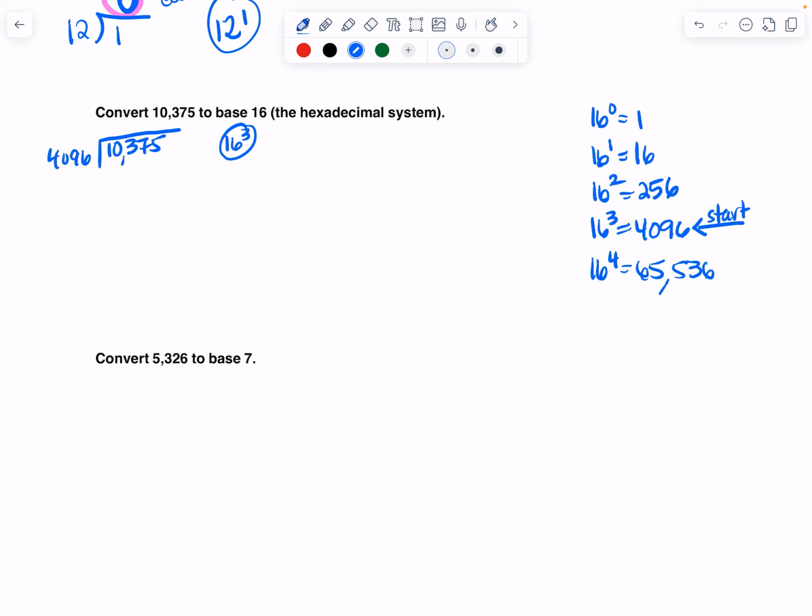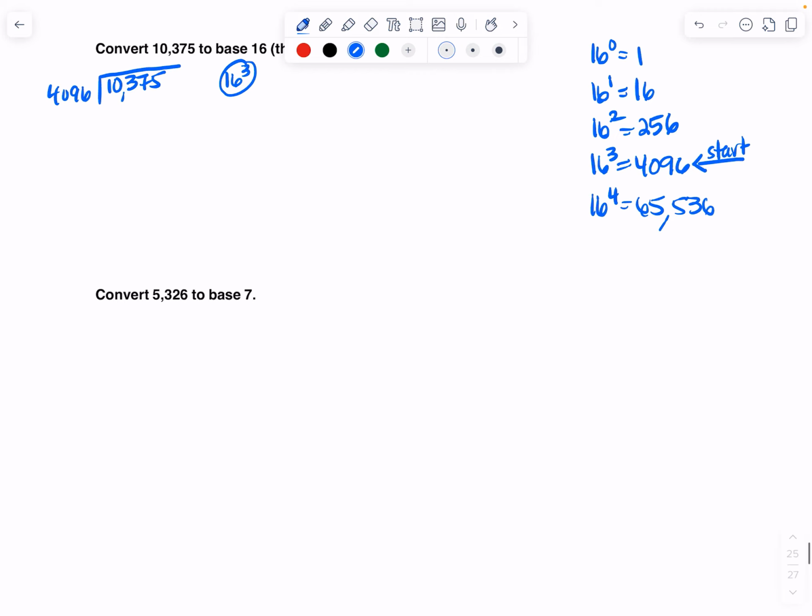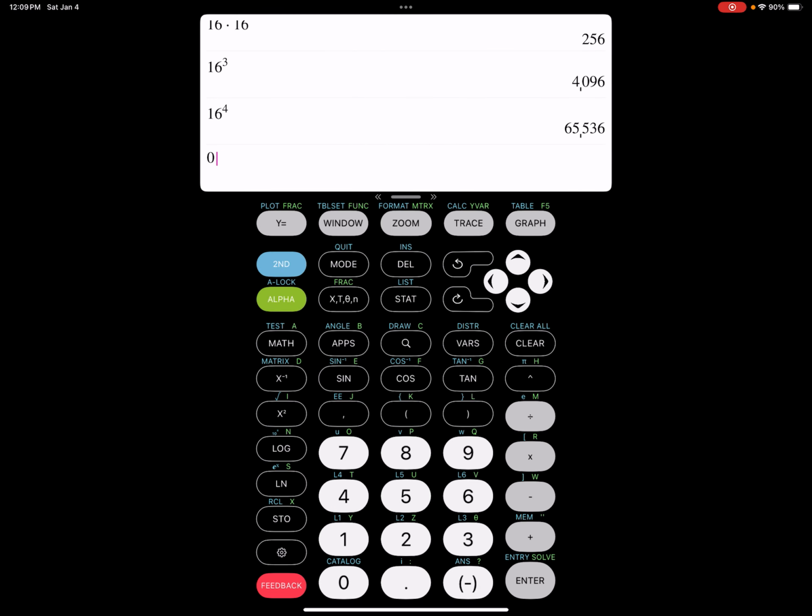Okay, so I'm writing these values down because it's hard to go back and forth to the calculator. Okay, so let me go do that. 10,375 divided by 4096. And when I do that, I get 2.53. Okay, so let's go ahead and write that 2 down.